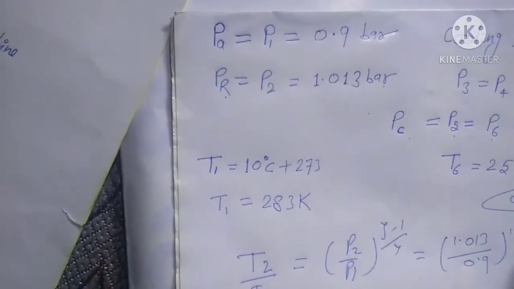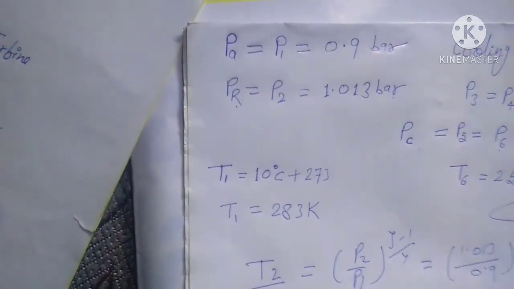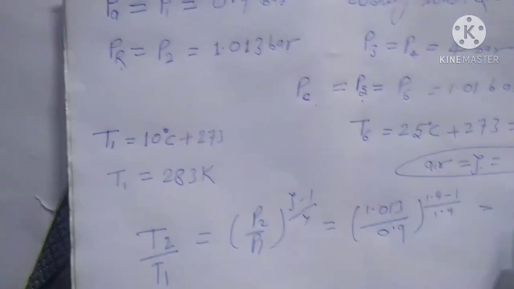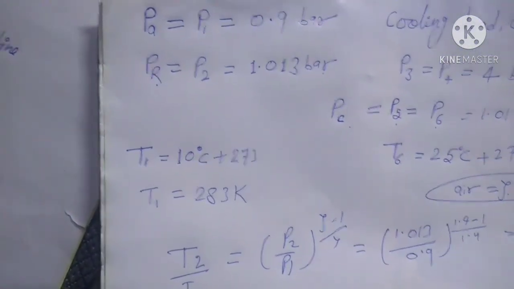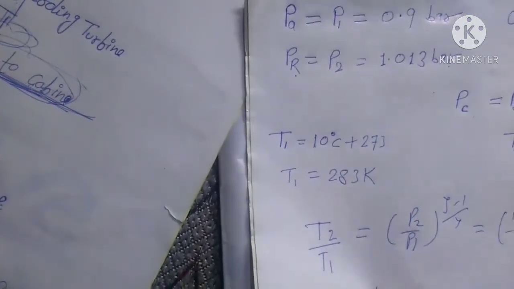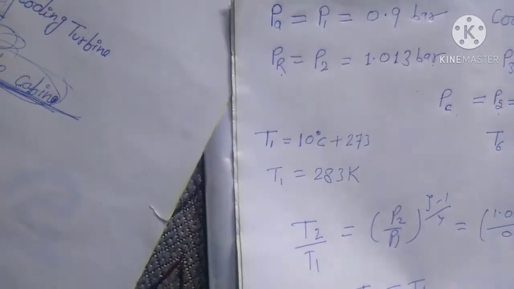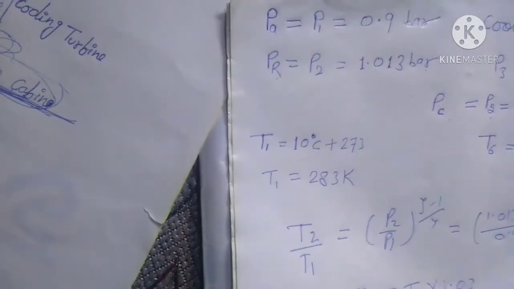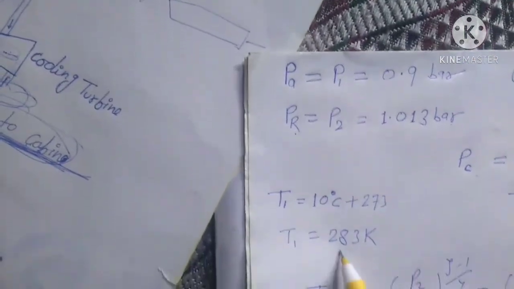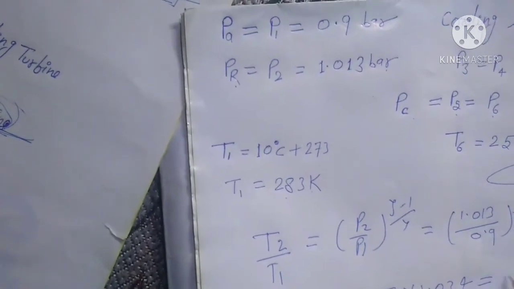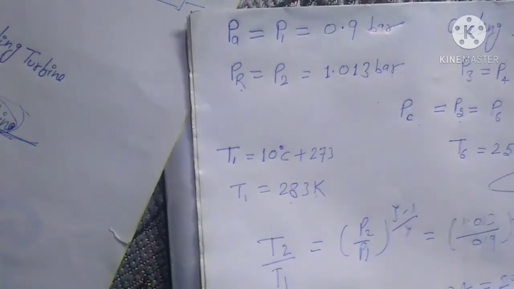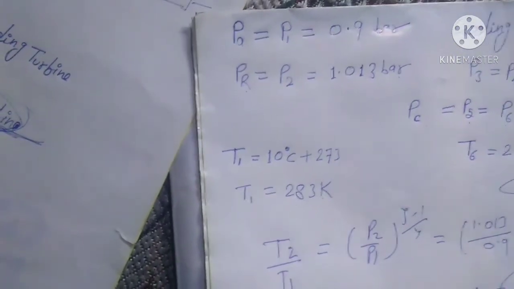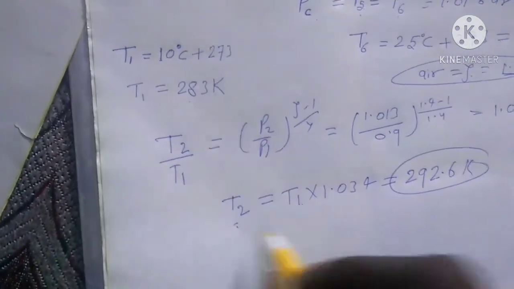So 1.4 minus 1 divided by 1.4. If you calculate it, it becomes 1.034. Then T2 equals T1 multiplied by 1.034, and T1 is given here as 283. After multiplying you find 292.6 Kelvin. That is the T2 temperature.